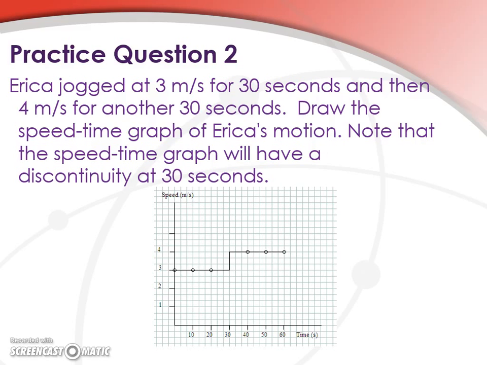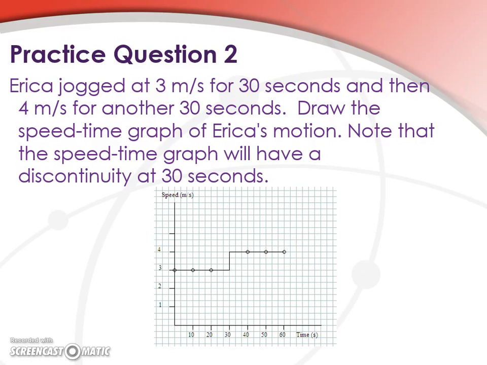Okay, welcome back. We've got mine here. For the first 30 seconds, we can see that she's got a constant speed of 3 meters per second, and then at 30 seconds, boom, she accelerates out to 4 meters per second and stays constant at that.